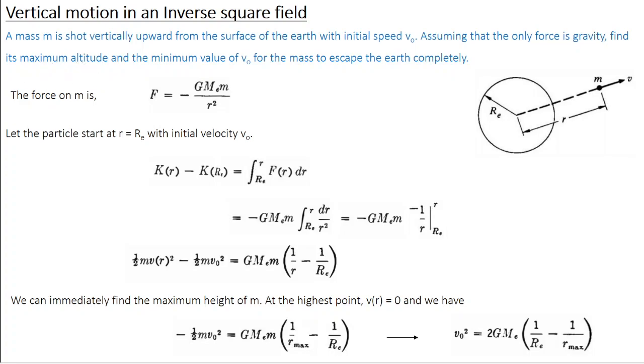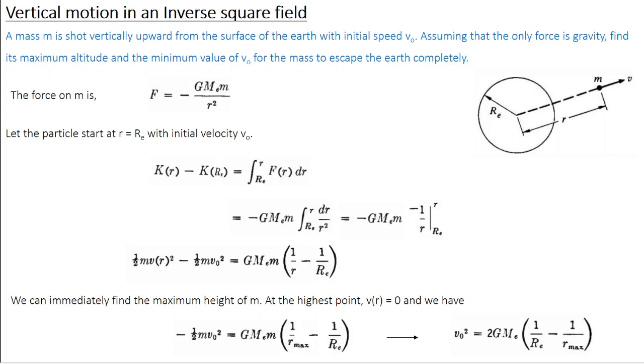Also, you know that if you launch an object from the surface of Earth with velocity above a certain threshold value known as the escape velocity, then the object can break the gravitational field and go away from the Earth, right? So if the velocity is below escape velocity, then the object will fall down.